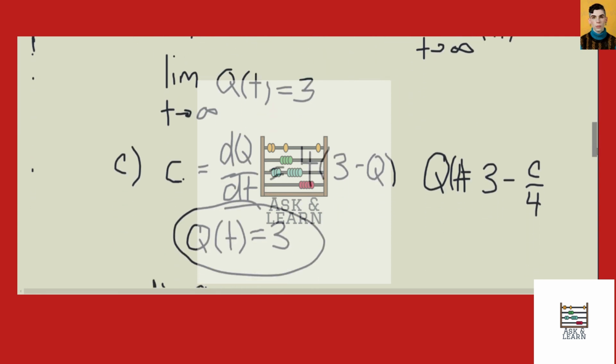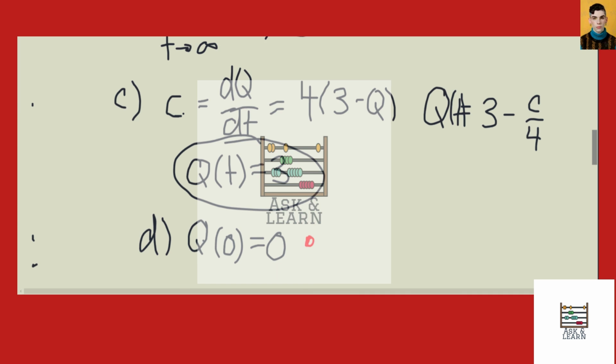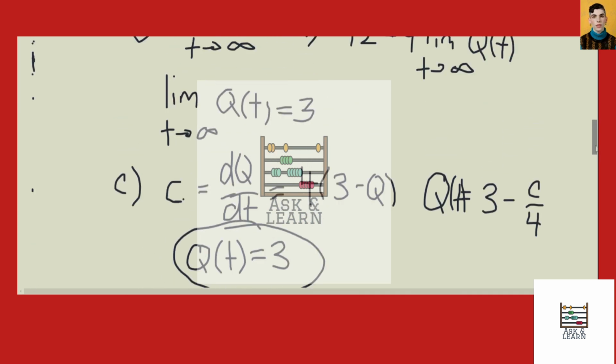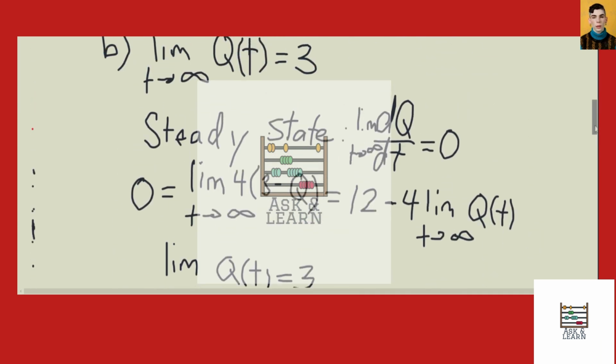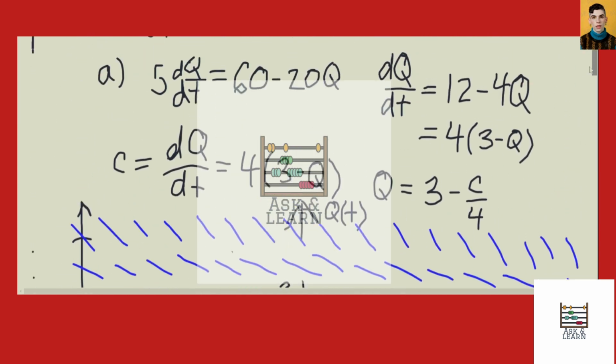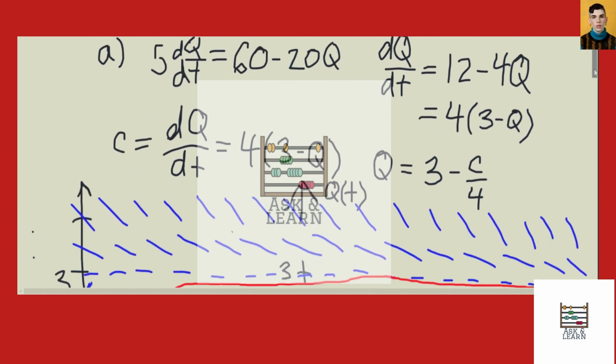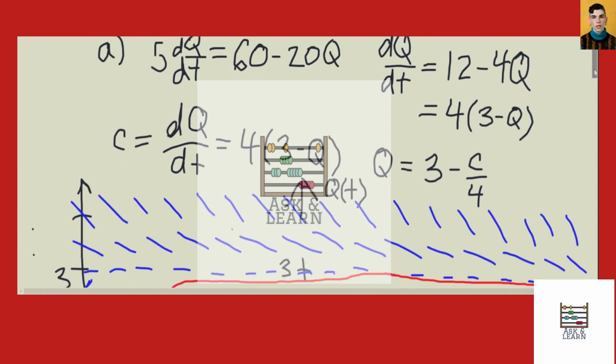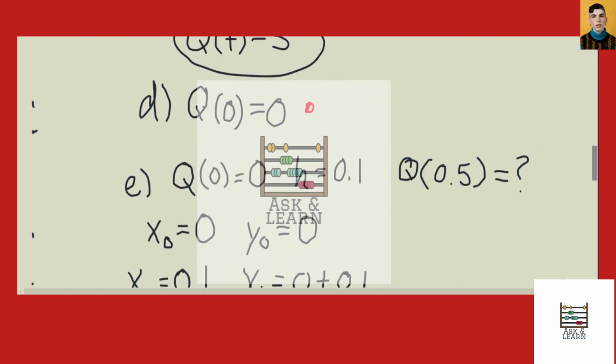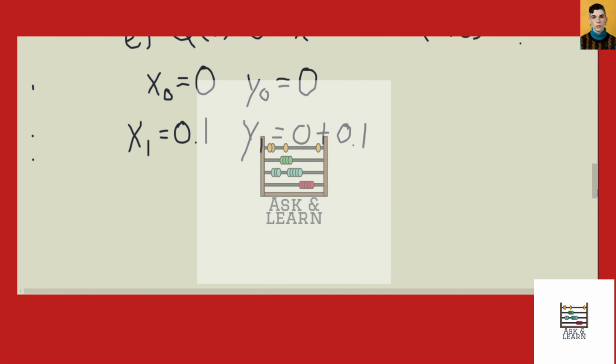Well, if we go back, we have that dq/dt is equal to 4 times (3 minus q). That's our function. So evaluated at (0, 0), this is simply going to be 12. So this is equal to 1.2.